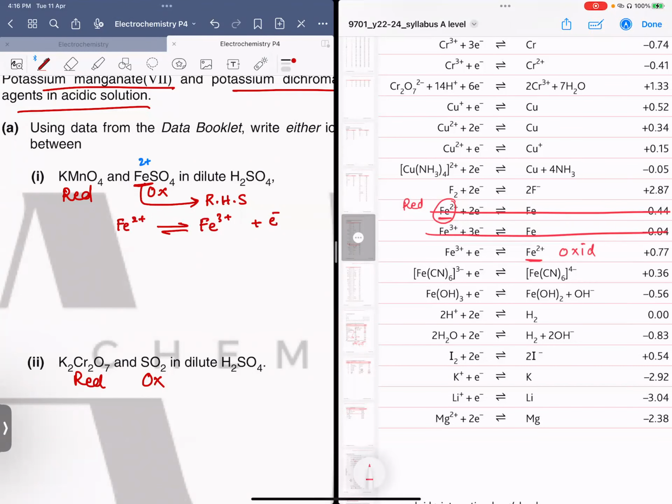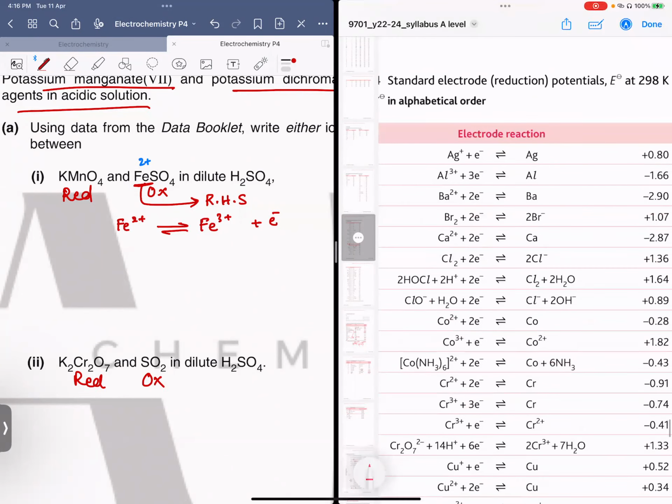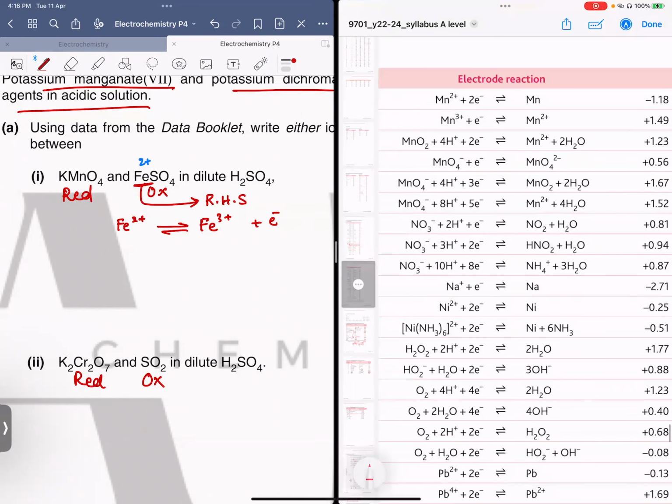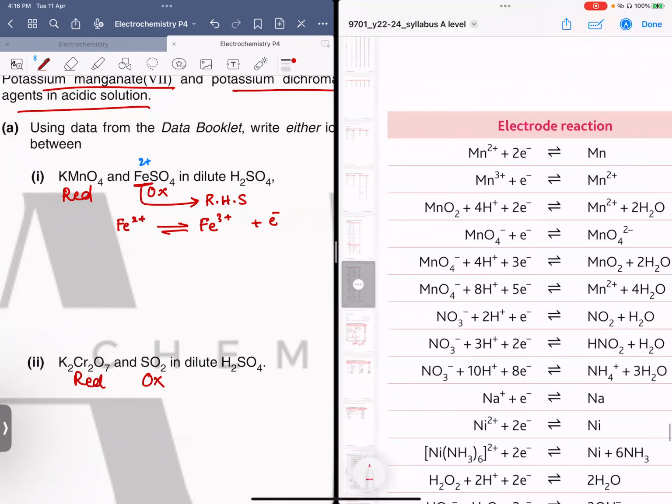Okay. Now let's move to the KMnO4. You wouldn't find KMnO4, but you would find MnO4 negative. See over here. As we have already decided that it's MnO4 negative which is undergoing reduction, it clearly means that when I refer to the equation in the data booklet, this MnO4 negative must be on the left hand side of this equation.